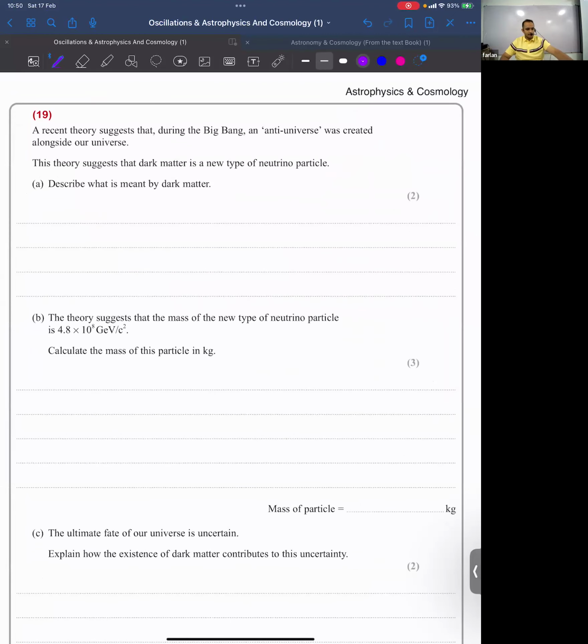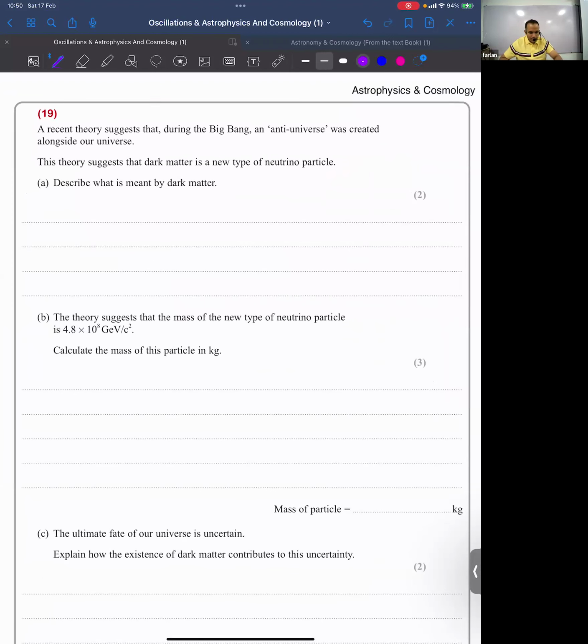A recent theory suggests that during the Big Bang, an anti-universe was created alongside our universe. The theory suggests that dark matter is a new type of neutrino particle. Describe what is meant by dark matter. What is dark matter? The matter that doesn't emit light, or the matter which completely absorbs light.